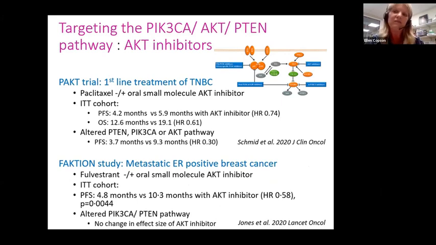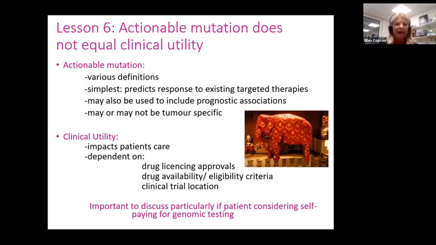In ER-positive disease, the presence of that biomarker doesn't seem to impact on the clinical benefit. And again, it all seems to be because of interactions with other clinical elements, such as ER status. Okay, penultimate lesson.